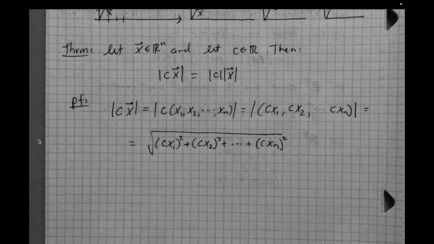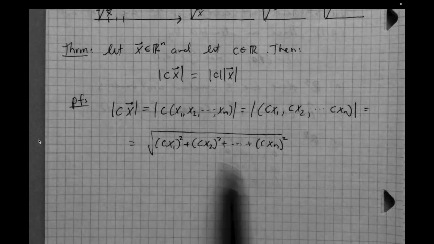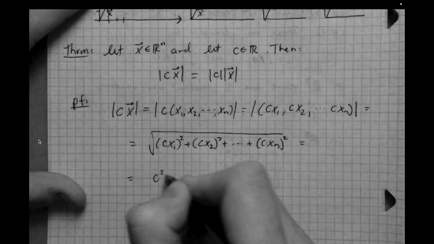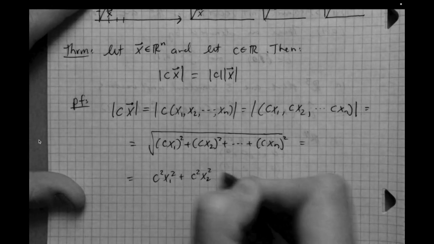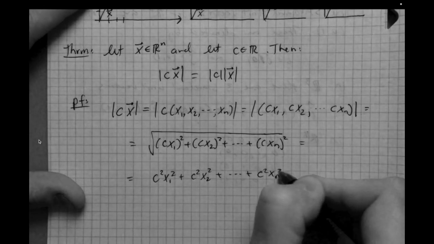Now each of the terms inside this radical can be squared separately, so you have c squared x1 squared plus c squared x2 squared plus up to c squared xn squared.